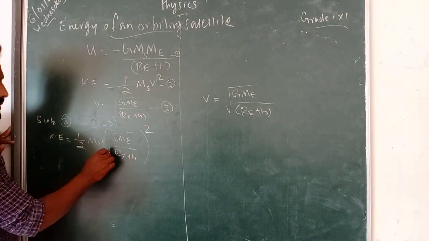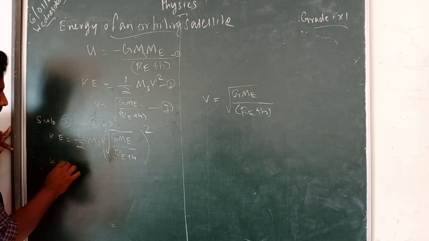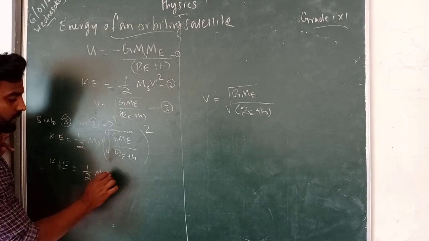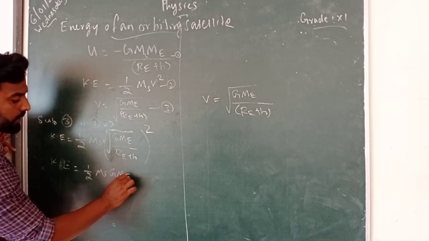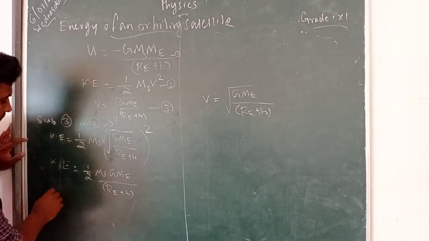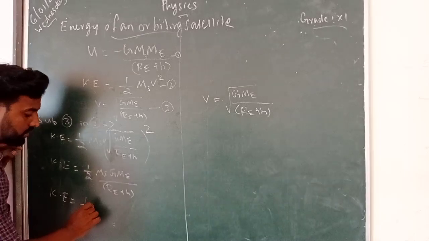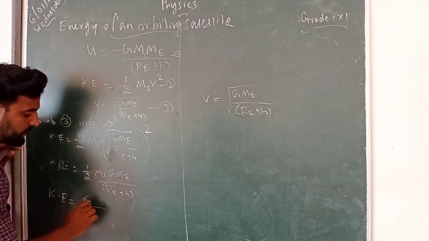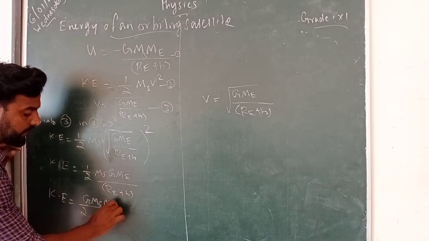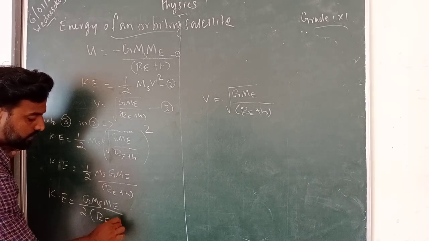Now when you take this square, the root will go away, so we can write half Ms G Me by Re plus h. This equation we can write: kinetic energy is equal to 1 by 2 G, rearranged, Ms Me by 2 into Re plus h.